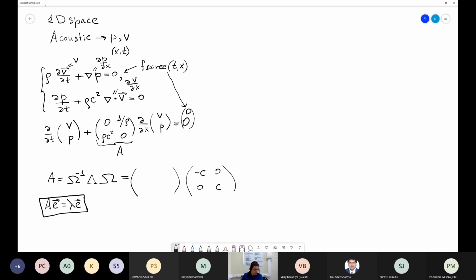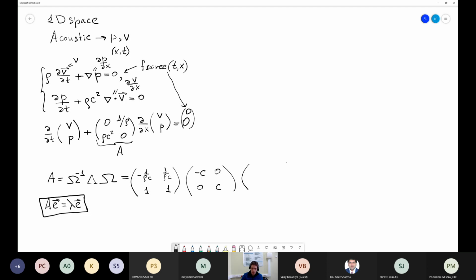And here I have to put the matrix omega -1 in columns. It has the coordinates of the eigenvectors: -1 divided by rho c and 1, and here 1 divided by rho c and 1.